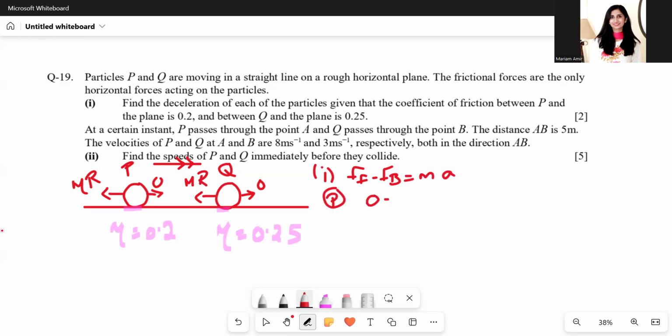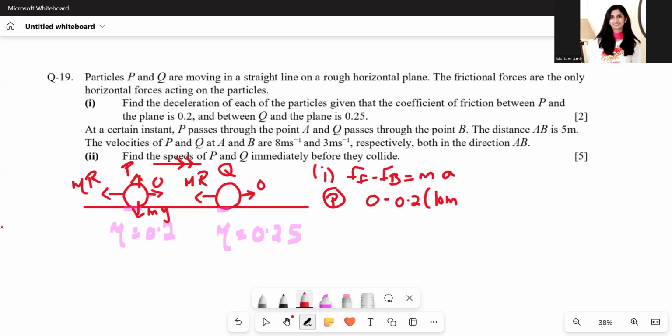So let's discuss particle P first. Forward force is 0, minus backward force, which is mu R. Mu is 0.2. R is the normal contact force, which is in this direction and equals the weight of the particle. So let's say the weight is mg, so R is going to be mg, and remember g is 10.